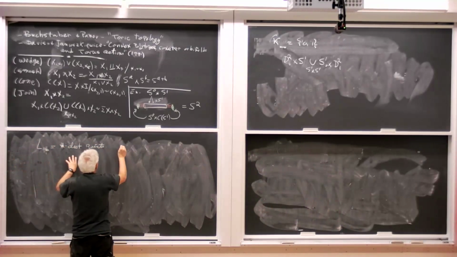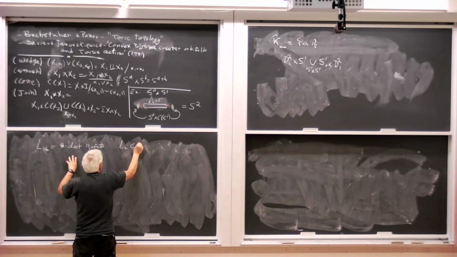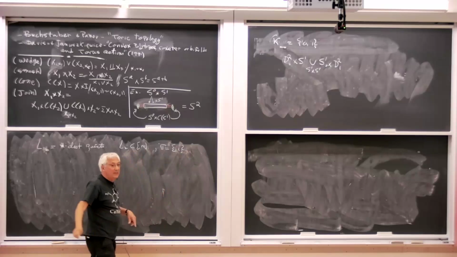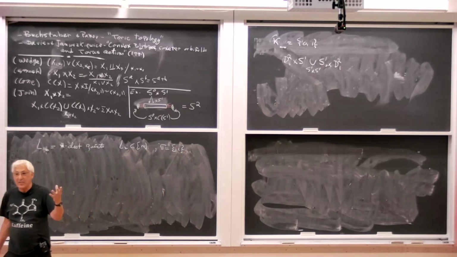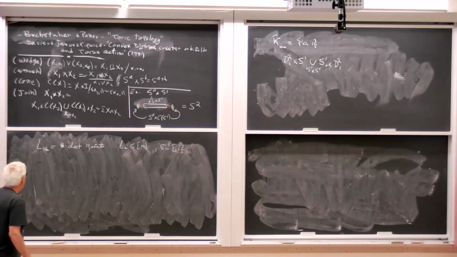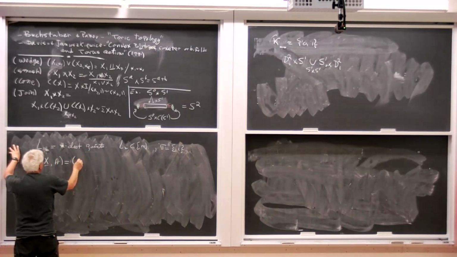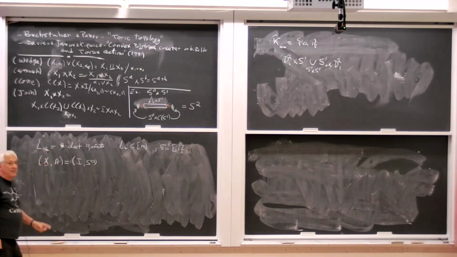As a simplicial complex, it sits in [m], but the only vertices, the only simplices, are the 1-point sets sigma. There are no edges, just a set of distinct points. And (X, A) I'll take to be the interval and S^0, the interval and its 2 endpoints. So the question is, what does that thing look like?